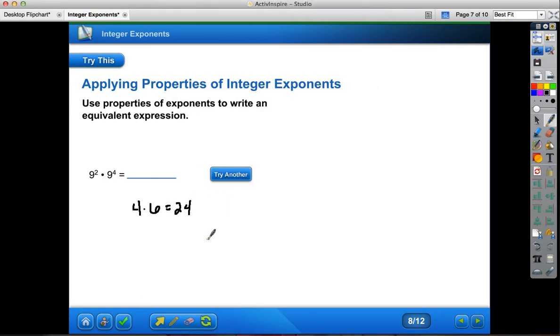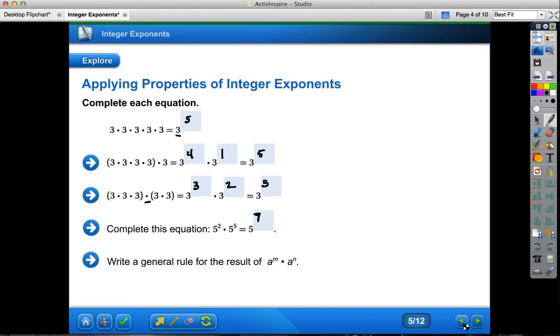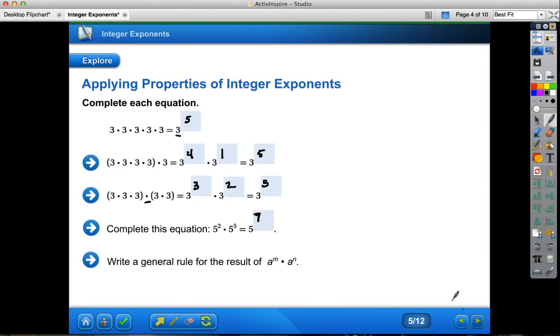Let's try another. Now I have two numbers with the same base. They both have exponents. So I can take those exponents, and if I look back in my notes, I know that I can actually add those exponents.